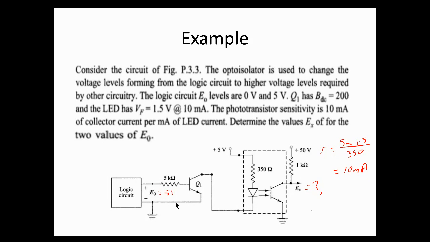When we have 5 volts applied to the base of this transistor, is it going to cause it to switch on or off, right? Because it switches on, you would have a path now for current to flow in this circuit, thereby turning on this LED.